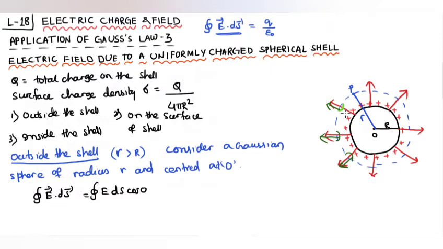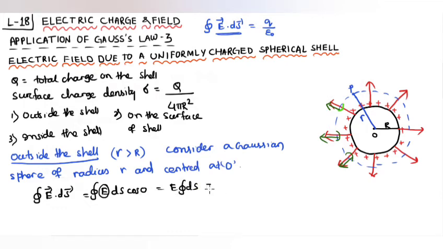And remember that all the points on this Gaussian sphere are equidistant from this charged spherical shell. So at every point on the shell, the electric field will have the same magnitude. That's why I can take this E outside the integration symbol. So E integration of ds, and this cos 0 is 1.